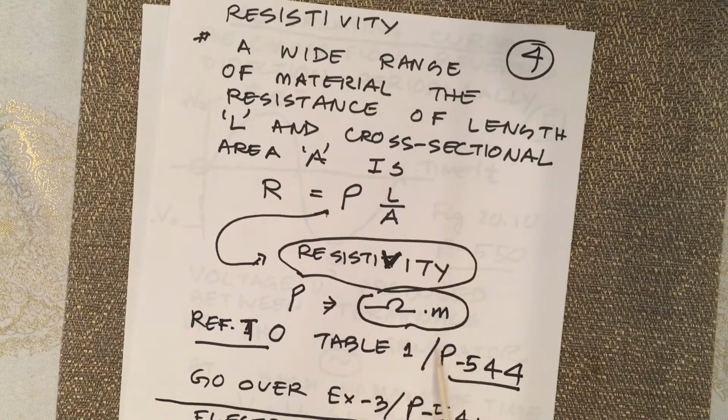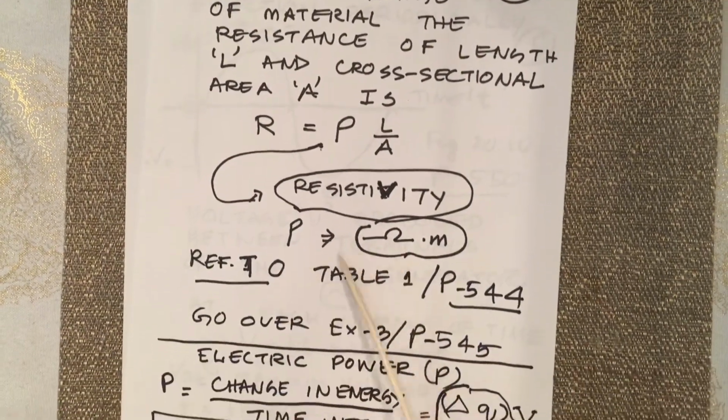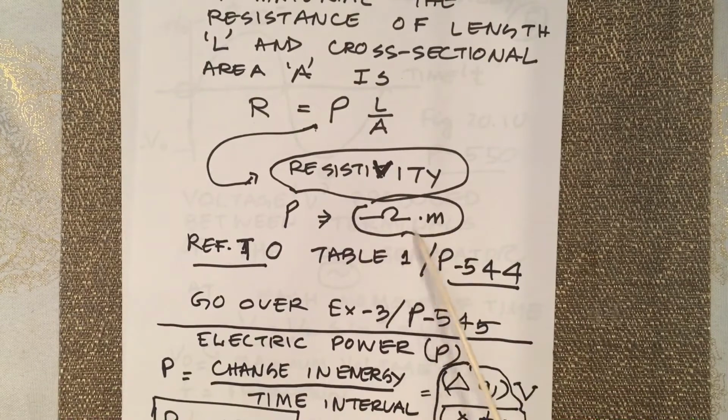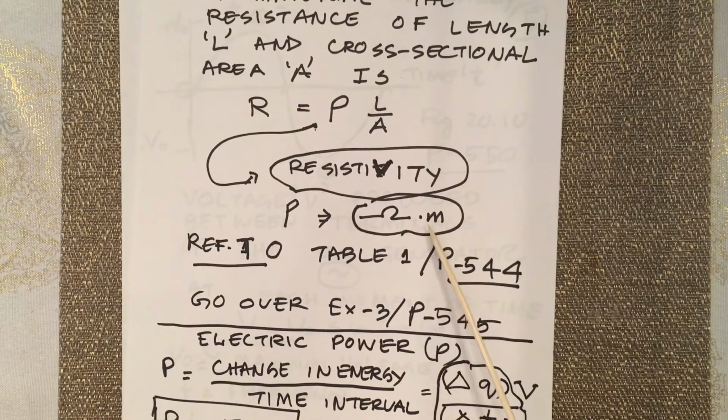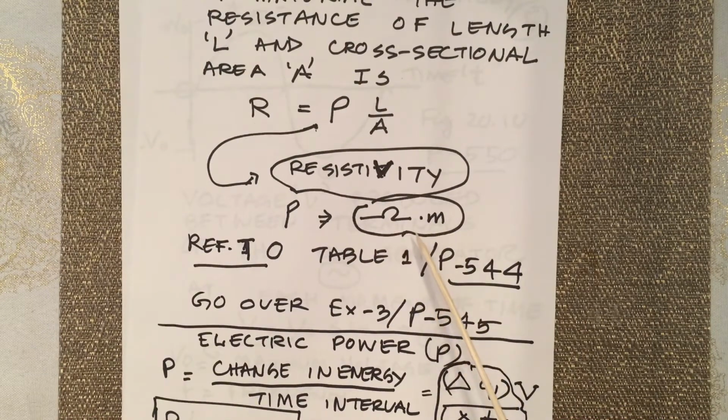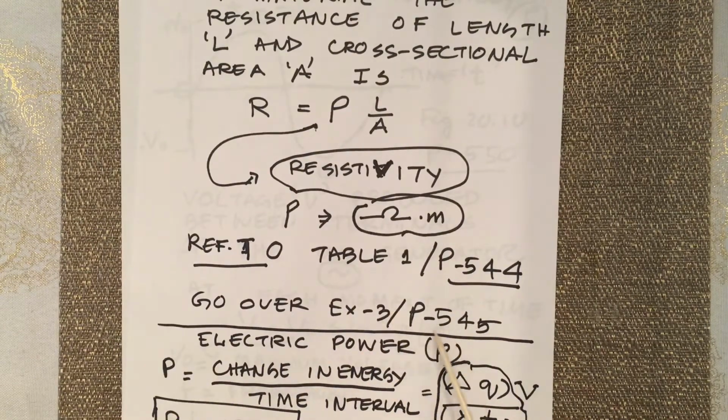This is in table 1, where different materials have different resistivity. The unit for resistivity is ohms times meter. Go over example 3 on page 545.